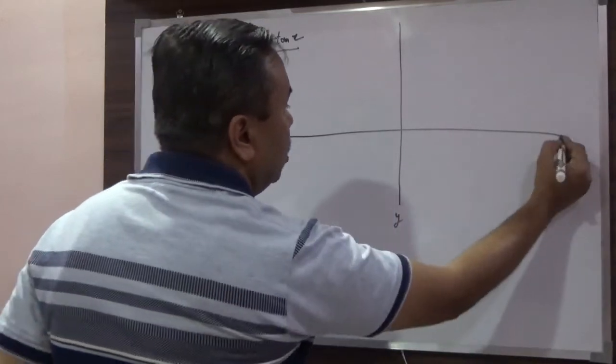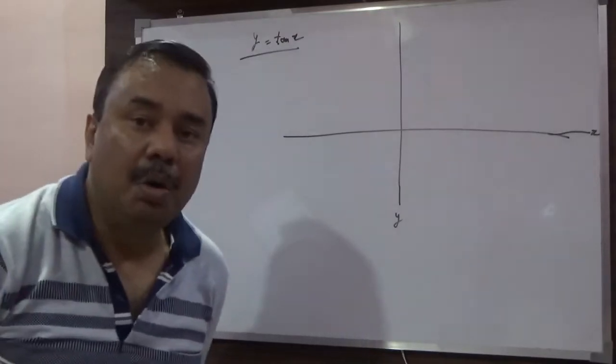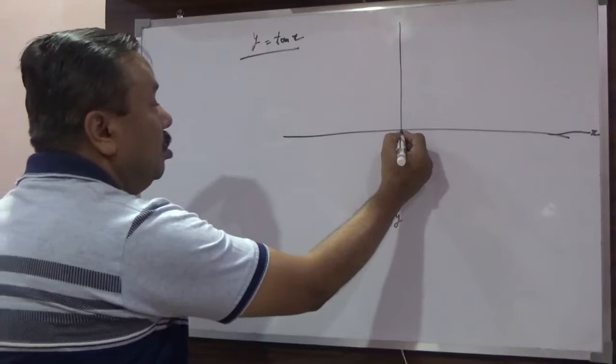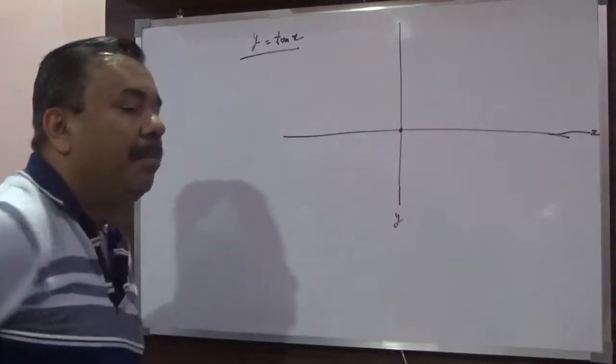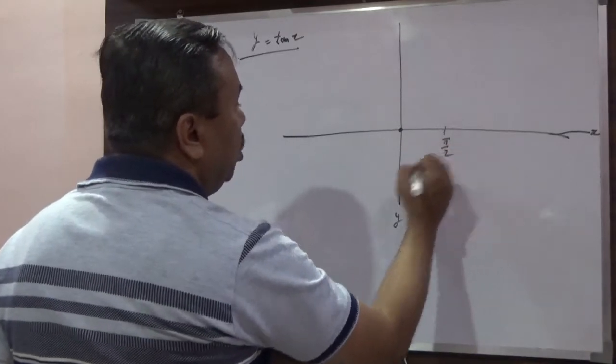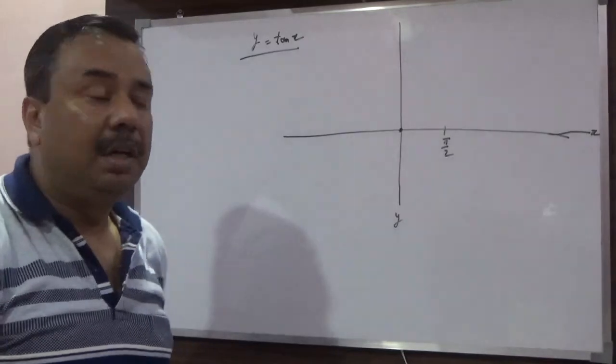This is your y-axis, this is your x-axis. Okay, now how has this value been moving? At x equal to 0, it was equal to 0, but at x equal to pi by 2, what was the value of tan theta?